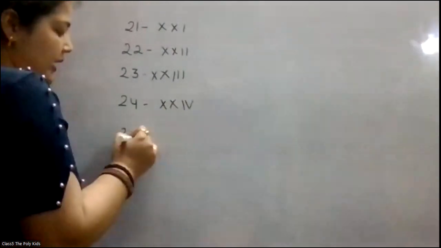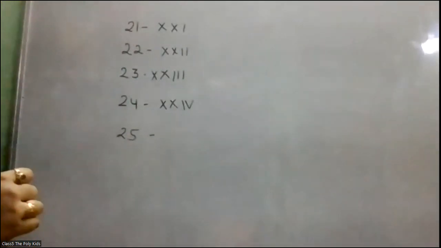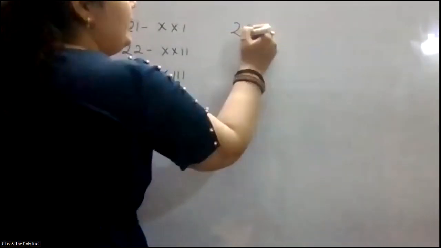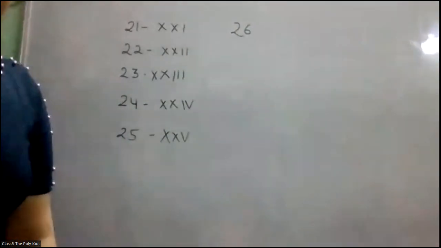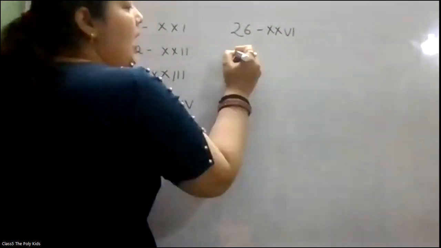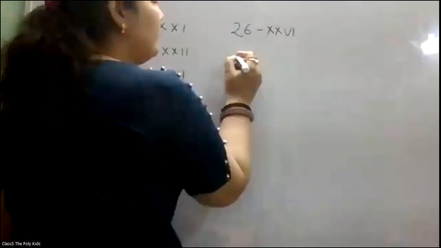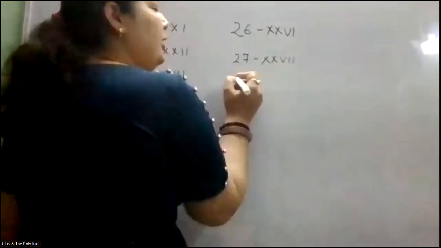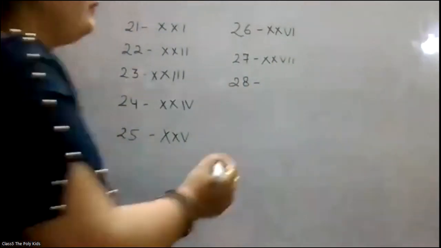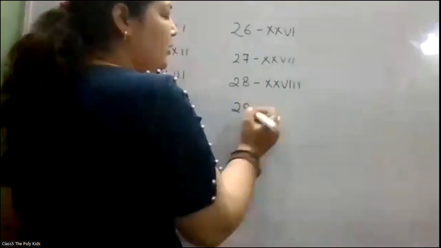25, ma'am, XXV. Yes. Ritunjay, 26. Ma'am, XXVI. Yes. Akshit, 27. Ma'am, XXVII. Ritunjay, 28. Ma'am, XXVIII. 29, Akshit.